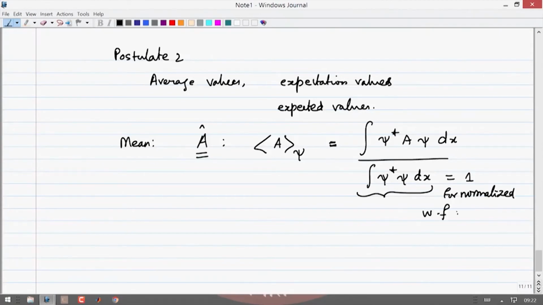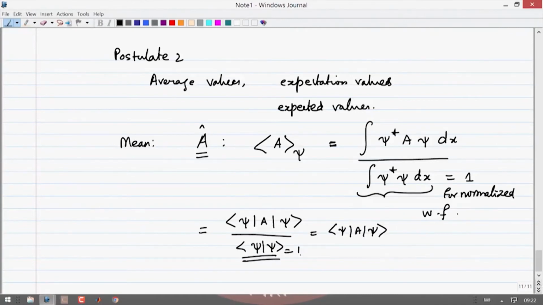So, to write this in the bracket notation, this will be psi A psi divided by psi psi, which is psi A of psi, as long as this is normalized to unity.